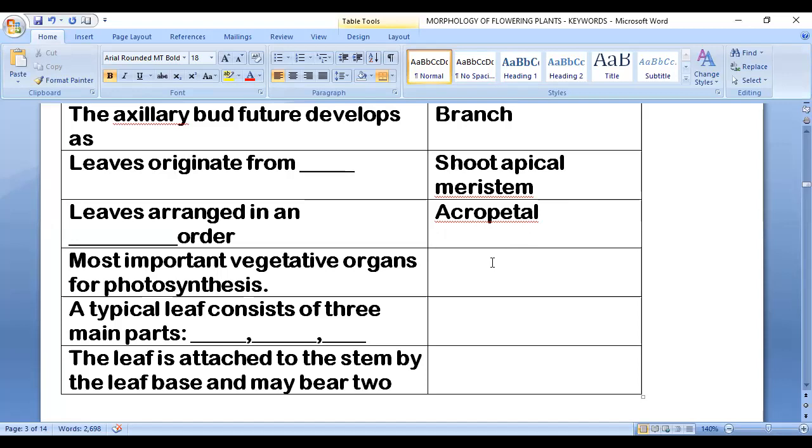The most important vegetative organs for photosynthesis are leaves. A typical leaf consists of three main portions: leaf base, petiole, and lamina.